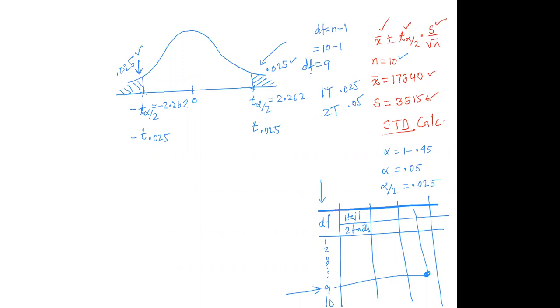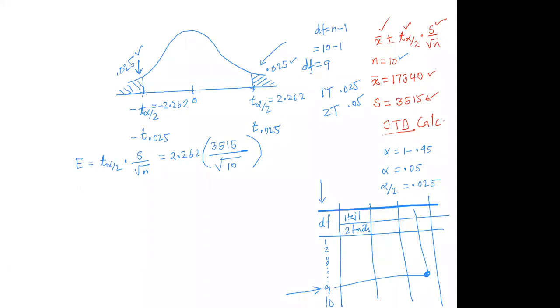So you just found your t sub alpha over 2. Now you can calculate the margin of error, which is equal to t sub alpha over 2 times s divided by the square root of the sample size. That will be 2.262 times s, which is 3515, all of it divided by the square root of the sample size, which is the square root of 10.